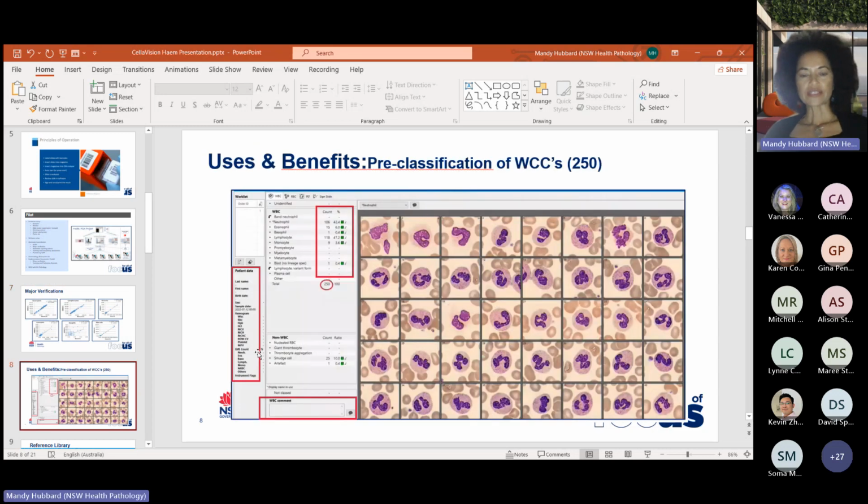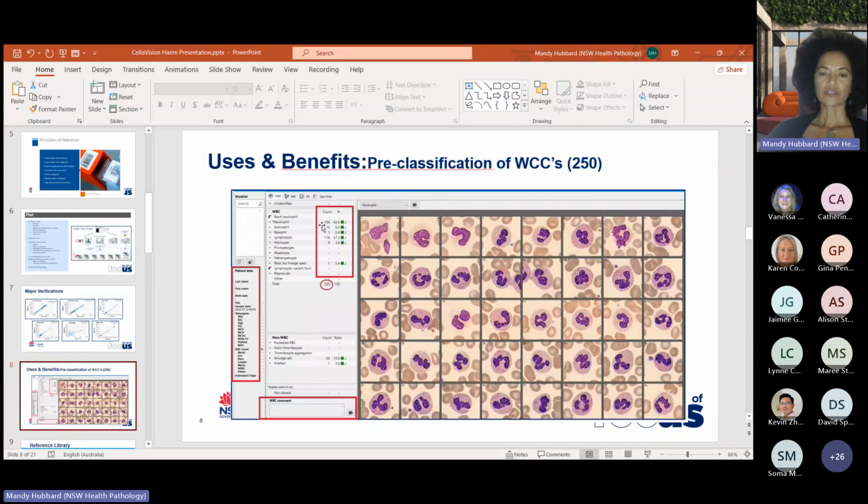So, uses and benefits. Based on consultation, what we're doing in South Australia is, where we normally would do a white cell differential based on 100 white cells, we've set CellaVision to do a white cell differential based on 250 cells. This screenshot shows the total number of cells counted.